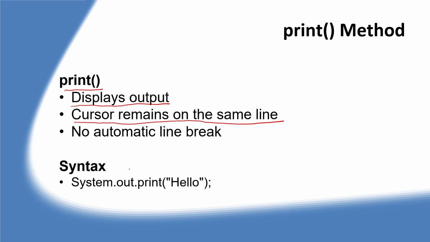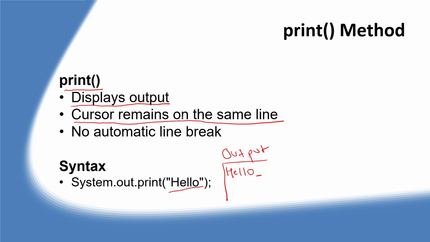For example, if we are printing hello, how will the output be? It will print hello. Then after printing, the cursor will be here.